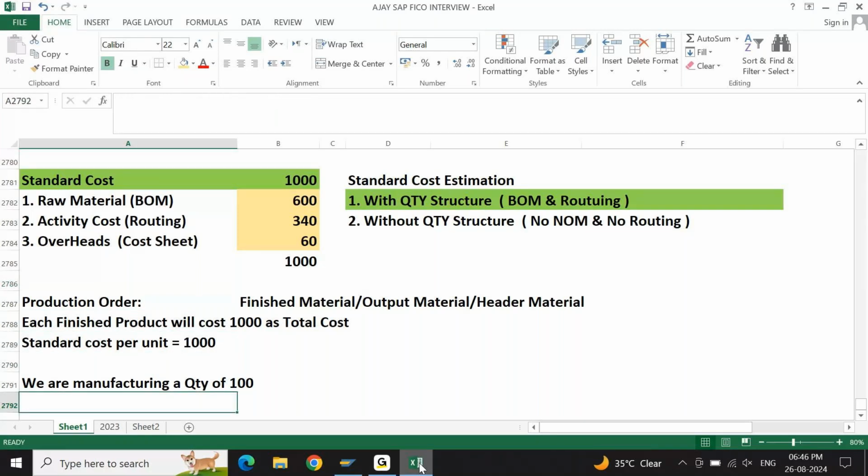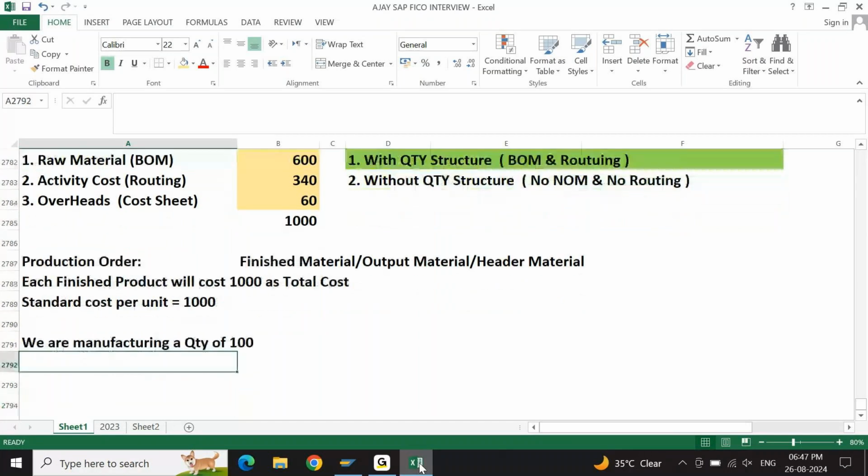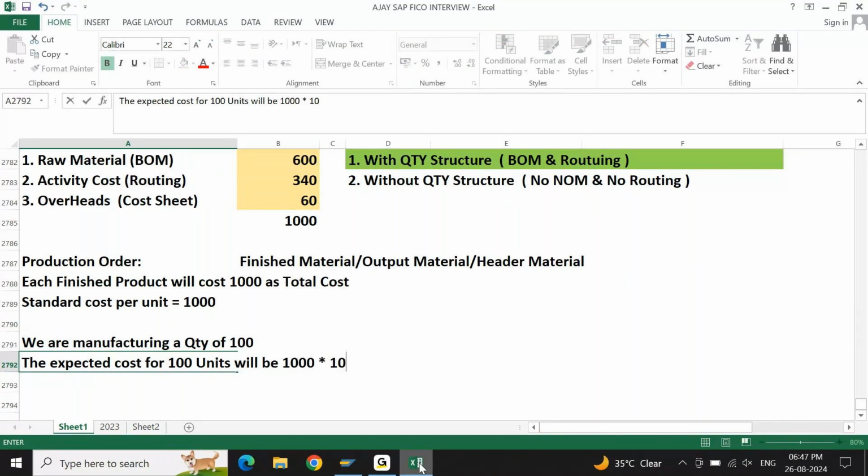Now, what is the cost per unit to produce a material? 1000. Now, the expected cost for 100 units will be a simple logic of 1000 multiplied by 100. Am I correct?